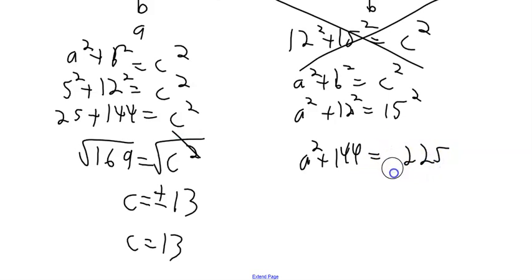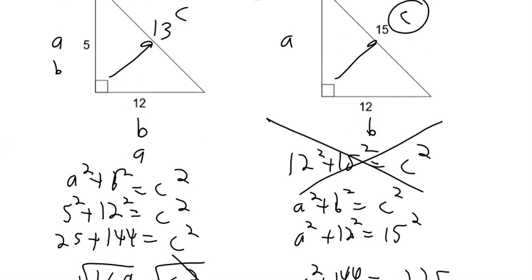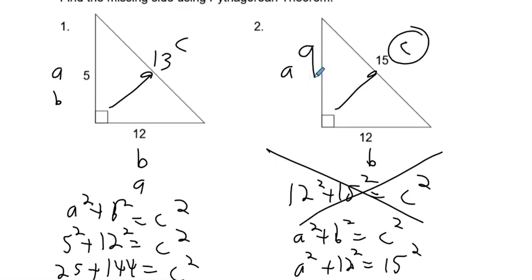So that's a squared plus 144 equals 225. That's too many twos. Okay, 15 squared is 225. Now we subtract 144, and we get 81. We square root both sides. And remember, we only need the positive, so boom, a is 9. So this is 9, the other leg is 12, and the hypotenuse is 15.